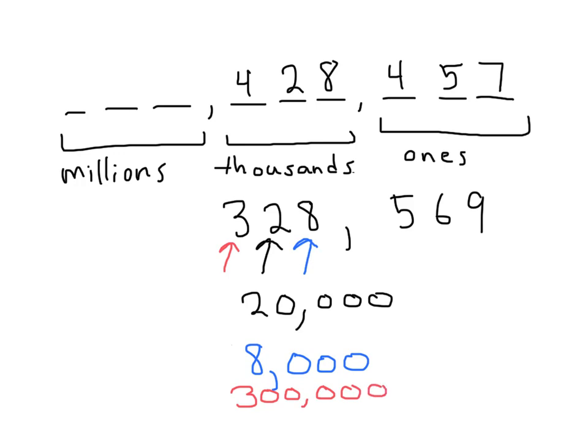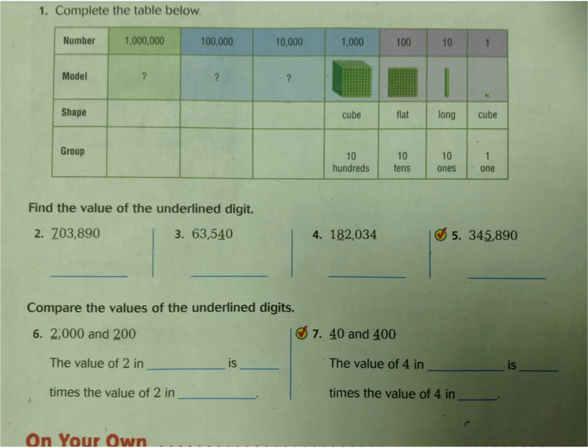So now we're going to move on to the next slide. So here is what the sheet looked like that we worked on in class. The first problem is just understanding the groups and what the picture would look like. We don't have a visual for a 10,000, 100,000, or million because it would be much too large.